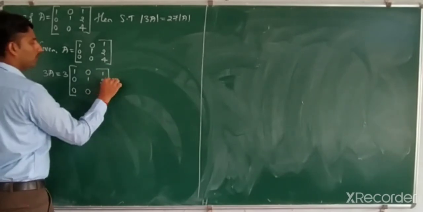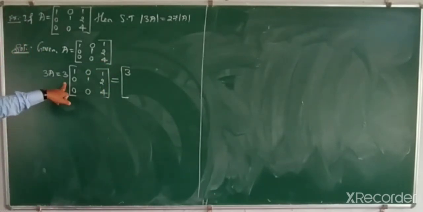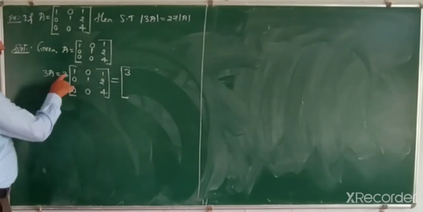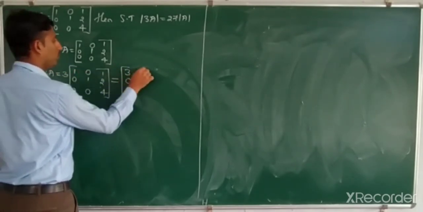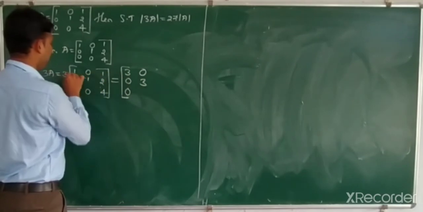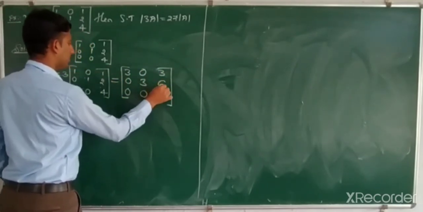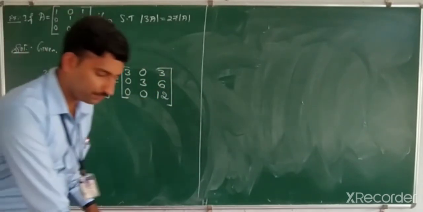Which type of multiplication is this? You studied this type of multiplication in the matrices topic, that is scalar multiplication: each and every element of capital A is multiplied by a non-zero scalar, where scalar means number. 3 into 1, 3. 3 into 0, 0. 3 into 0, 0. 3 into 0, 0. 3 into 1 is 3. 3 into 0 is 0. 3 into 1, 3. 3 into 2, 6. 3 into 4 is 12.